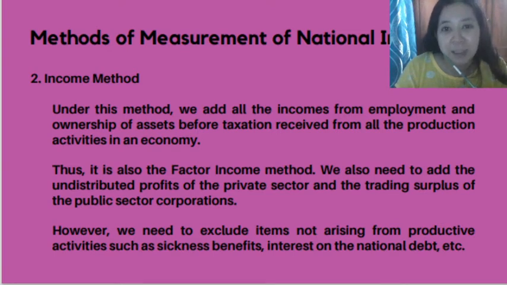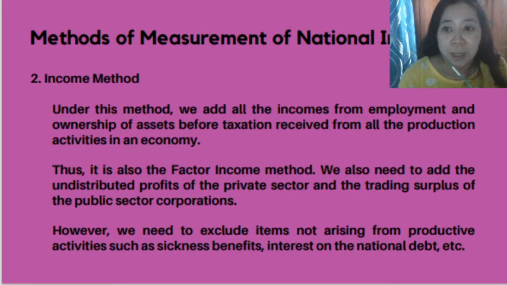Under this method, we will add all the income from the employment and ownership of assets before tax that is received from all the production activities in an economy. So it is also the factor income method. This is the other term of the income method.